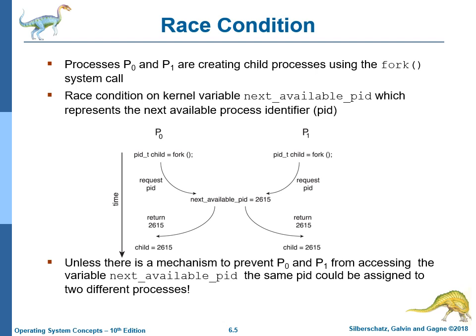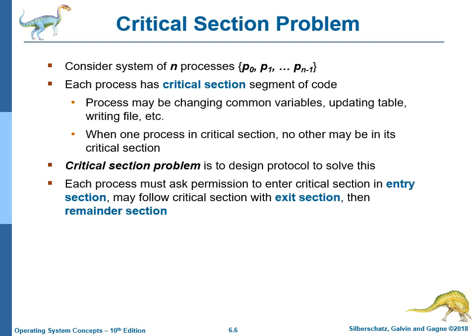Child dia 2615. So P1 dia ada dia punya ni, ataupun dia sharing the same fork child. So apa yang berlaku ialah apabila P0 dan P1 running secara concurrently dan akan mengakses benda yang sama, maka akan berlaku what we call a race condition. Alright.